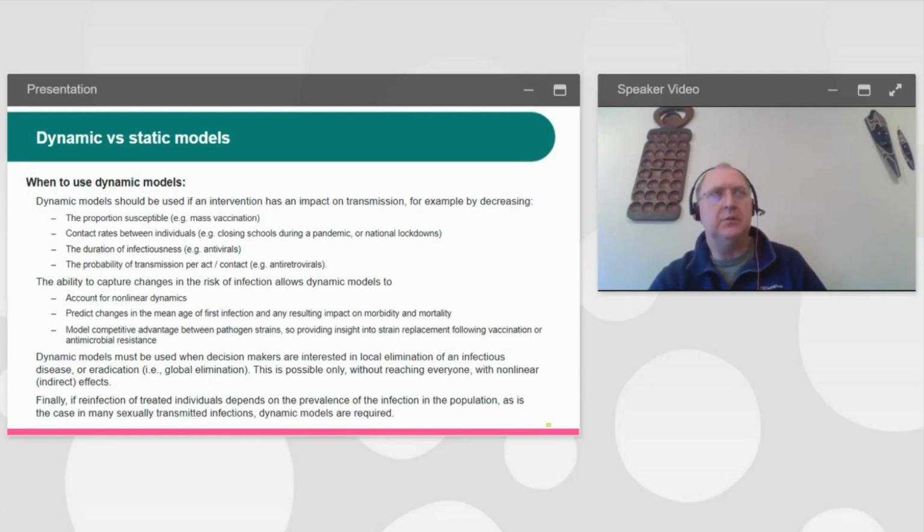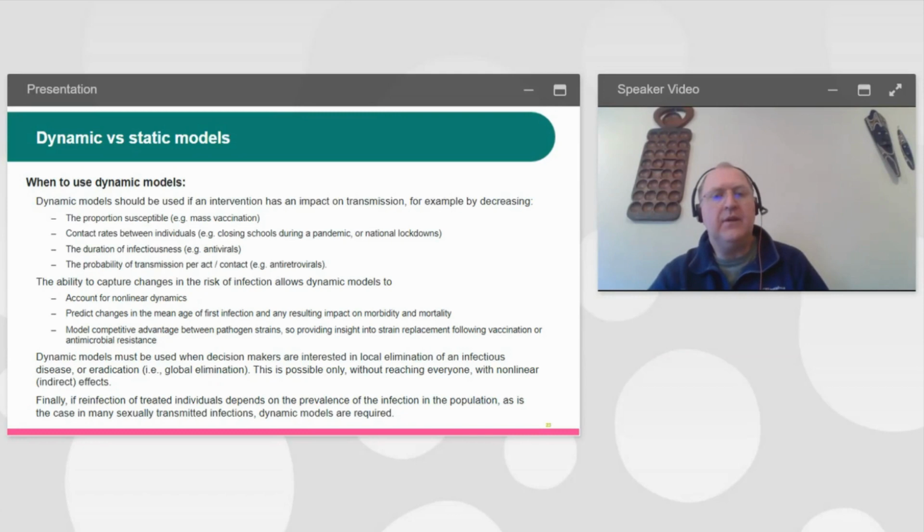And that's particularly important, for instance, with vaccination programs, because the indirect effects that arise from infectious disease dynamics mean that you don't have to treat everybody in order to achieve local elimination or eradication, and you require a dynamic model in order to understand and take account of those sorts of interactions.